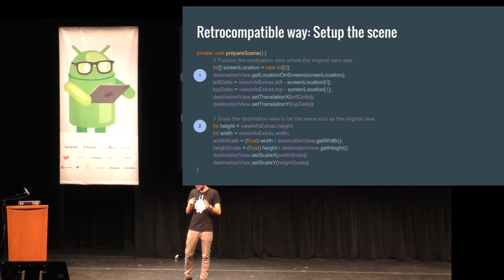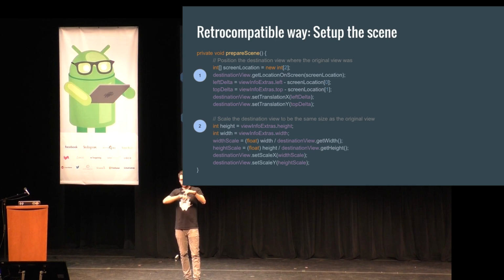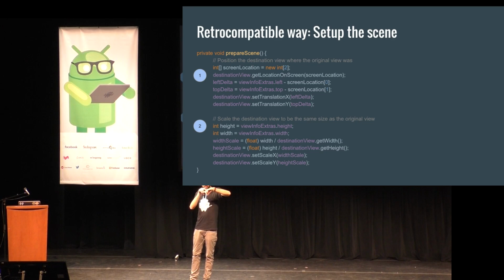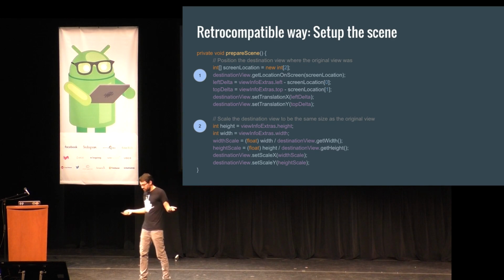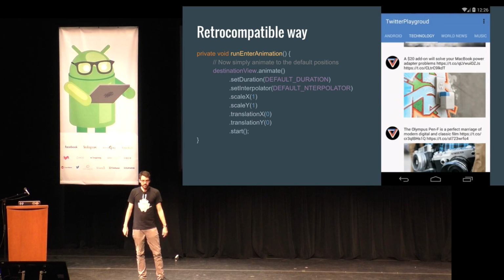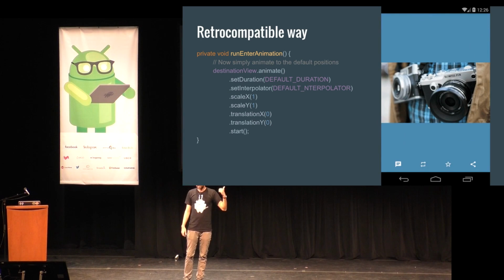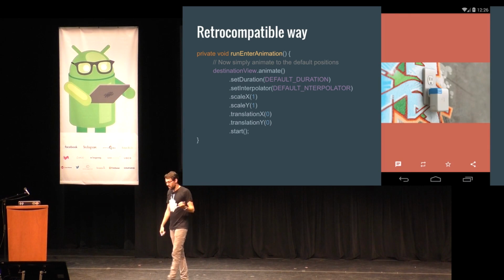And this is all I need to prepare my scene, because I have a transparent activity and I know that the view I'm going to animate is exactly positioned where the user clicked, right? So I'm all set. This is a perfect setup. Now all I have to do is use the good old View Animator APIs, start the animation to its default position and scale, and that's it.